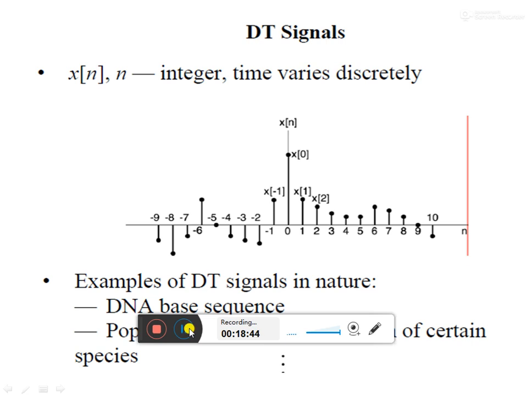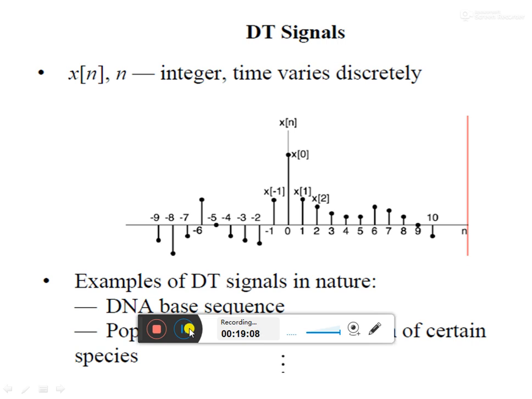Now coming to discrete time signals. Discrete time signals are represented using the independent variable n, where n is the number of samples, which is an integer. So this is the time which is varied discretely. That is, we will not be measuring the value of the signal continuously.